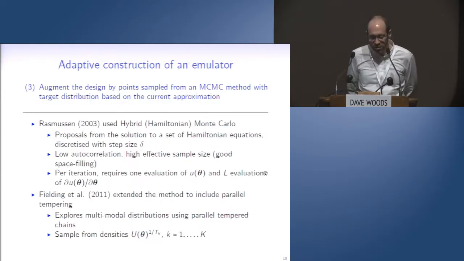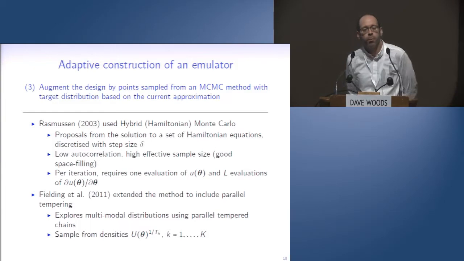The third step is how we actually sample subsequent points to add to our design. So Rasmussen used hybrid or Hamiltonian Monte Carlo, where the proposals are the solution to a set of dynamic equations which are discretized, and we have a step length L and a step size delta.